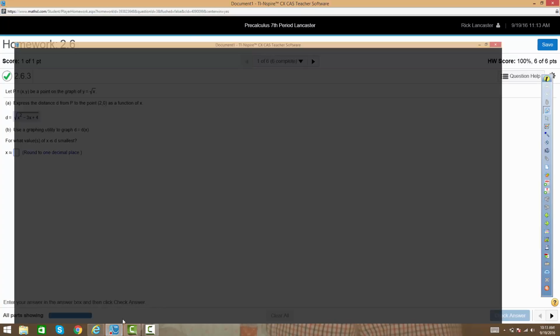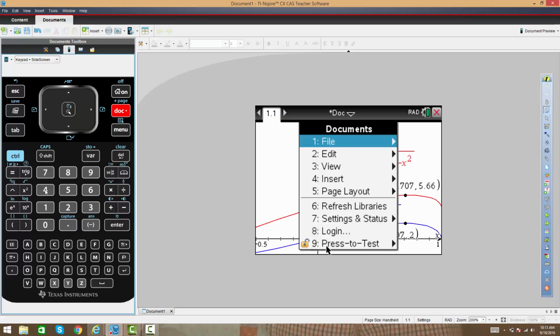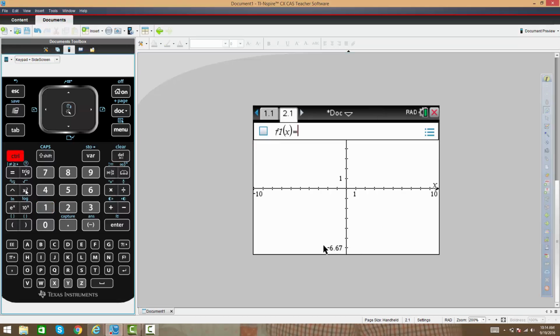So I'll go to the calculator, start a new problem, doc, insert, problem, and I want a graph page. So I'm going to enter the square root of x squared minus 3x plus 4.